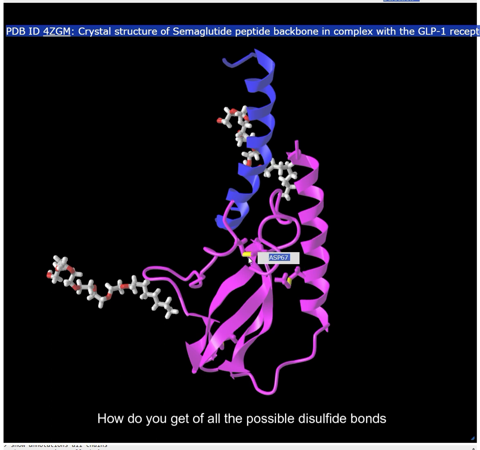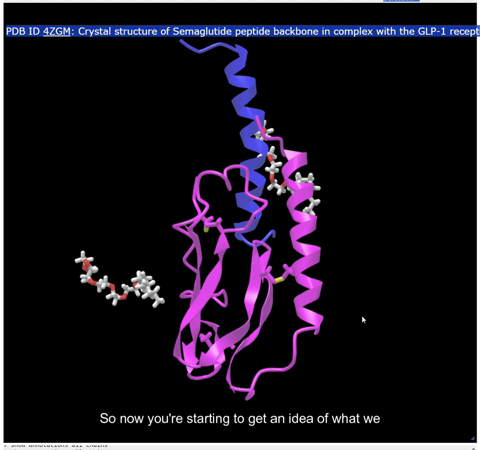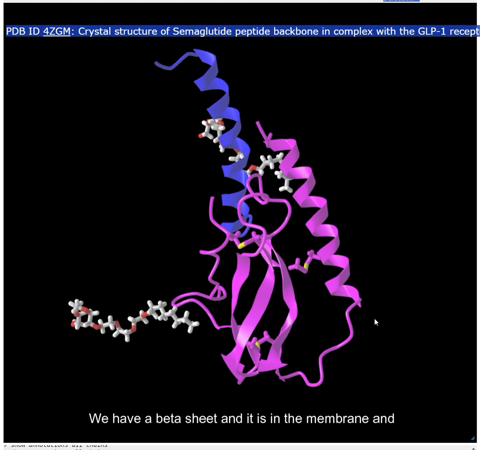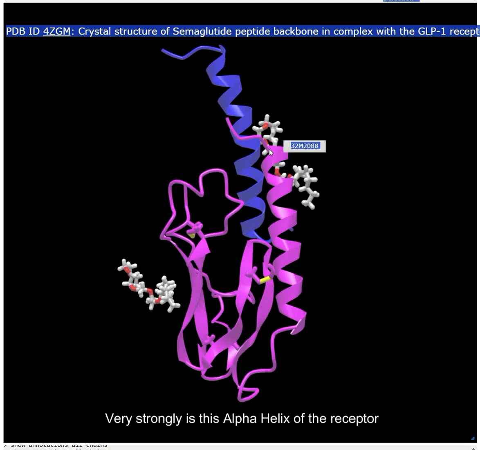One aspect of it: of all the possible disulfide bonds, how do you get the right ones to form? Okay, so now you're starting to get an idea of what we have here. We have a beta sheet, and it is in the membrane. Attached to it very strongly is this alpha helix of the receptor.